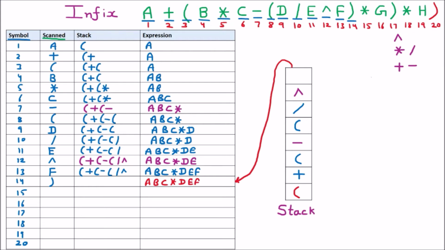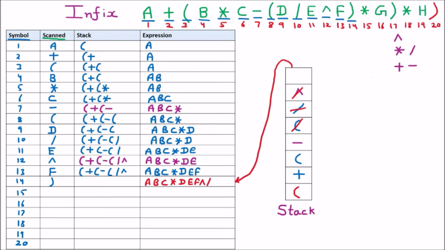Now we know that whenever the closing bracket is encountered, we have to pop out all things. So first of all, the power symbol is popped out and placed here. Then the divide is popped out and placed here. Then afterward the bracket is popped out. Now bracket and bracket got cancelled.